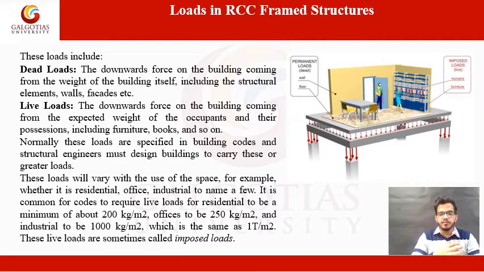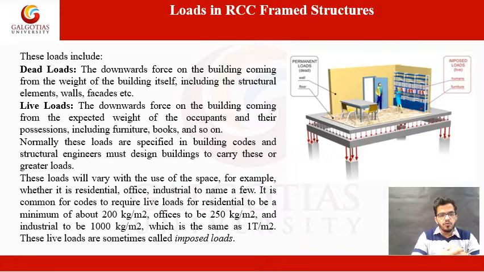In the picture you can see a room that creates two types of loads in the downward direction on the beams: the load of the slab and the walls, as well as the load of the occupant activities. These loads will vary with the use of the space, for example whether it is a residential space, office space, or industrial, to name a few.